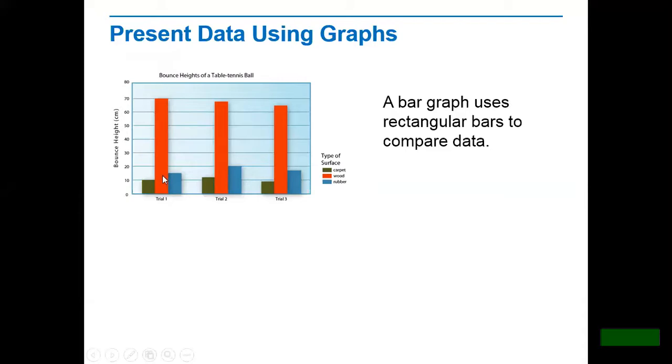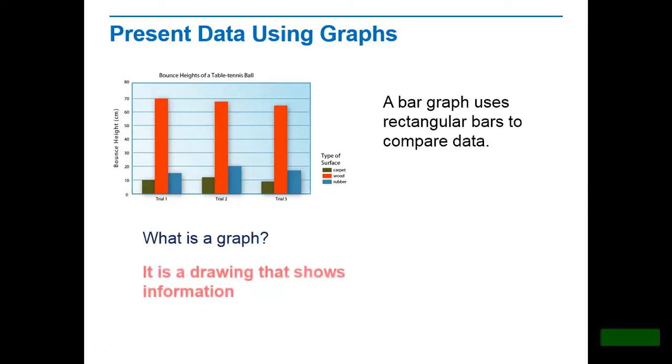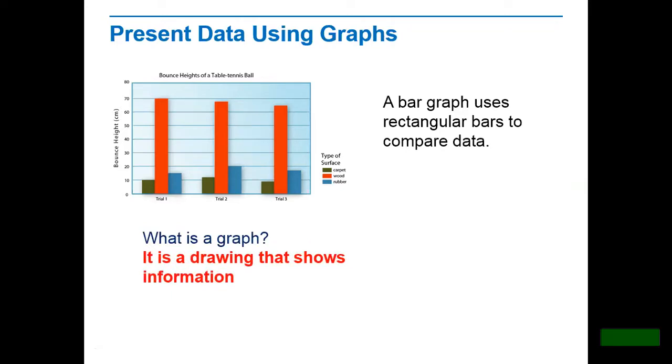You see here, this is trial number one, trial number two, trial number three. Type of surface: the black one is carpet, green is wood, and rubber. What is a graph? It's a drawing that shows information.